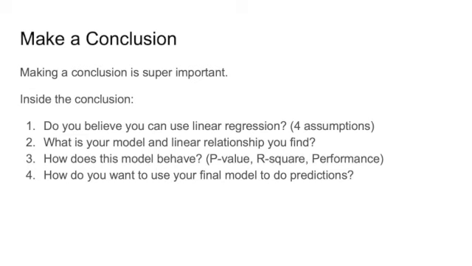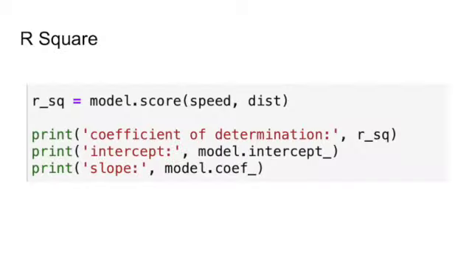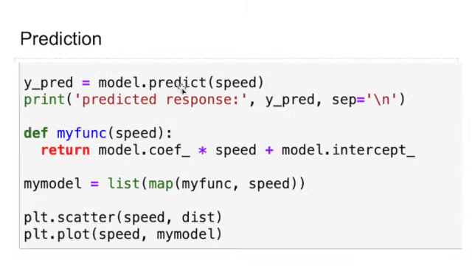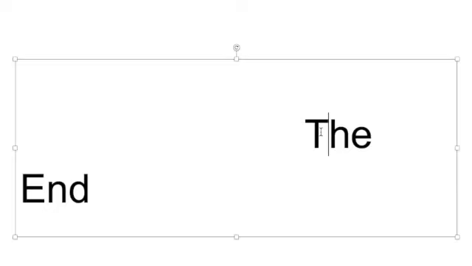And thirdly, how does this model behave? The p-value, the R-squared, and the performance. Fourthly, how do you want to use your final model to do predictions? If there is a new upcoming x value, how do you want to use the predict function to do the prediction? Yeah, that's it.